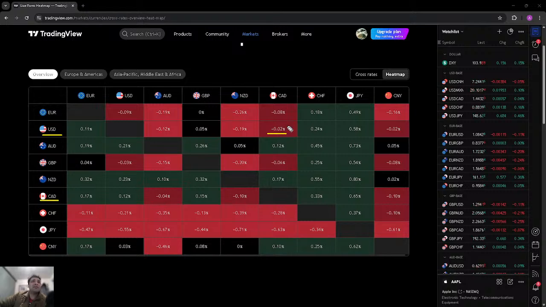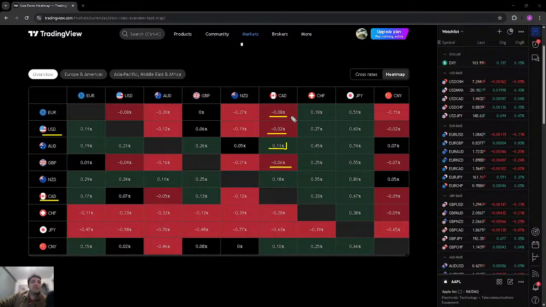We can see that the Canadian dollar is a little bit stronger right now, and in that case the USD is weaker. And on the other hand, if we see AUD CAD, we can see that the Australian dollar is stronger than the CAD, that is pushing the prices on the upper side.